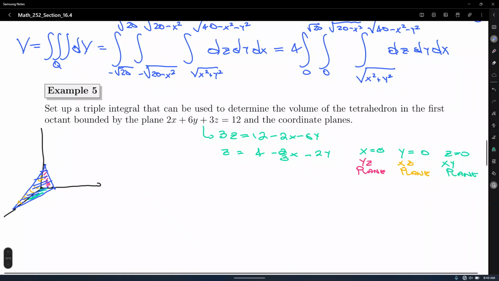Okay, so I believe we have, no, not yet. We still need to see what's going on in the xy plane.